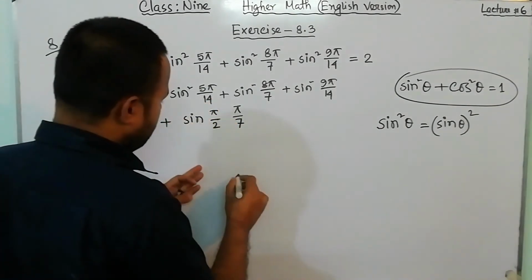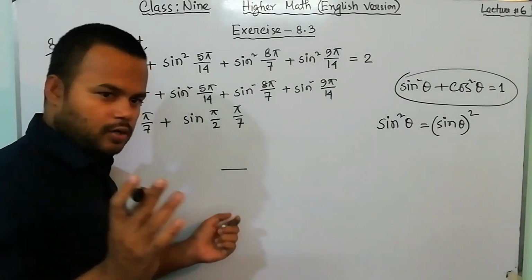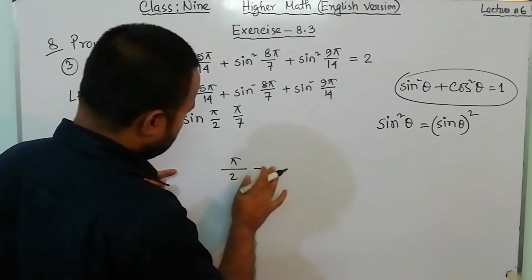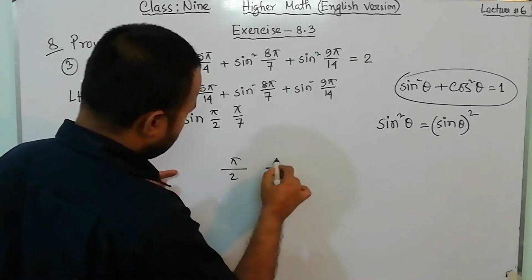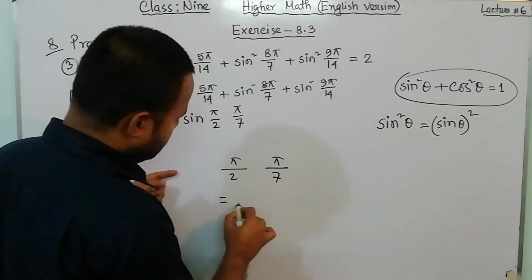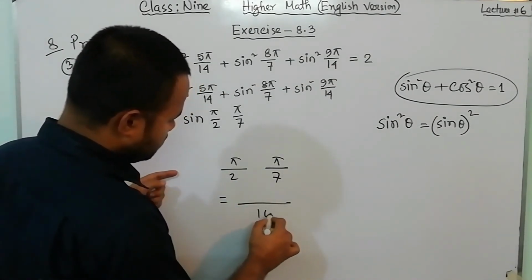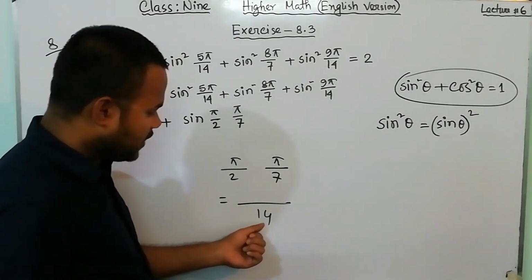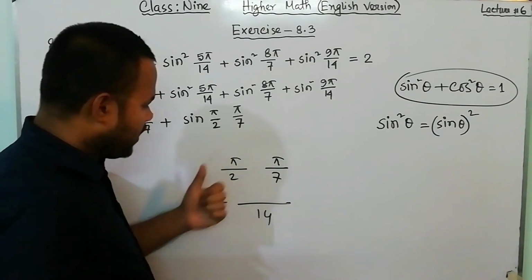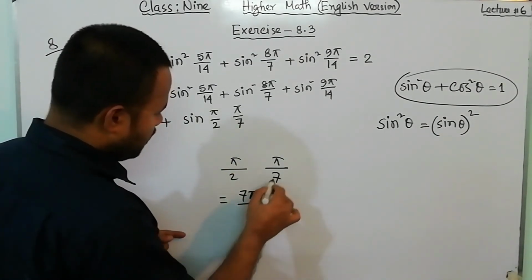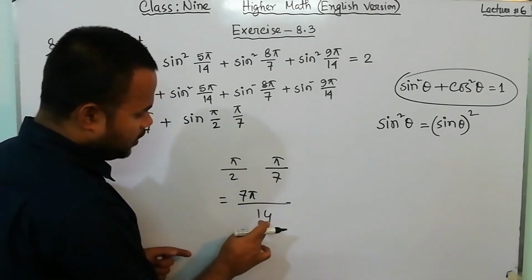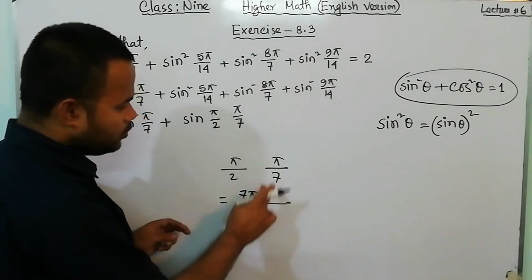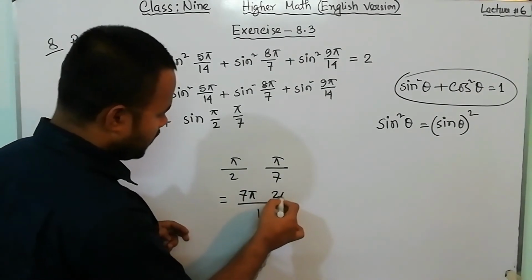Now we have here π/2 and here π/7. If we take the LCM, that is 14, then dividing by 2 we have 7 into π, that is 7π, and here dividing 14 by 7 we have 2 into π, that is 2π.